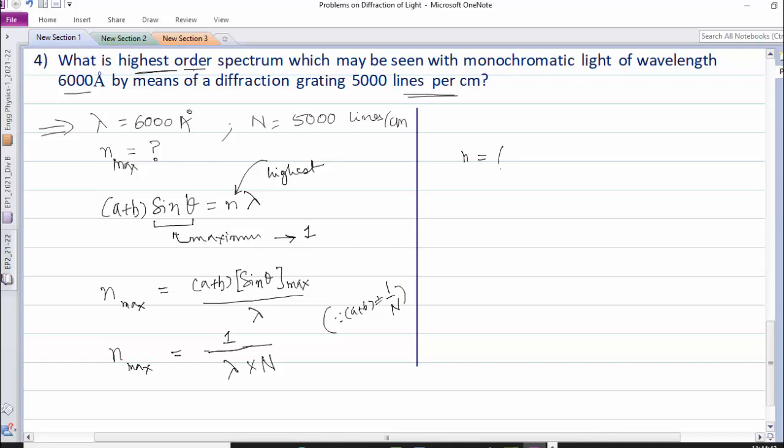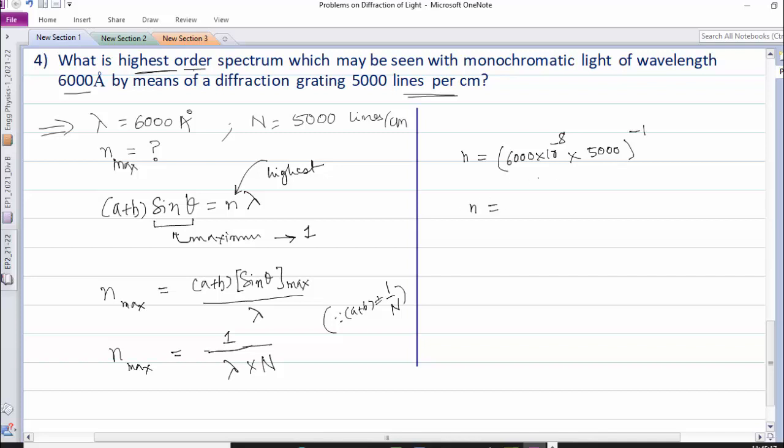So we can put in the values. 6000 angstrom unit is given, so we write this in centimeters because the other quantity is in centimeters, multiplied by 5000 lines per centimeter, and take their reciprocal.